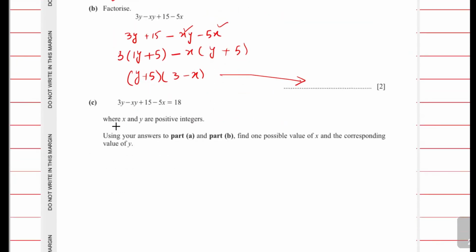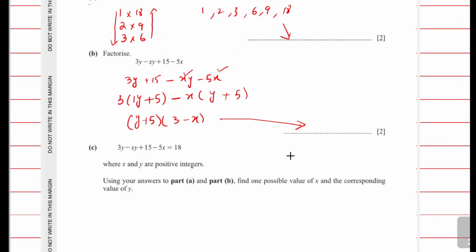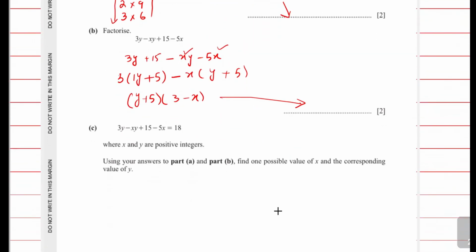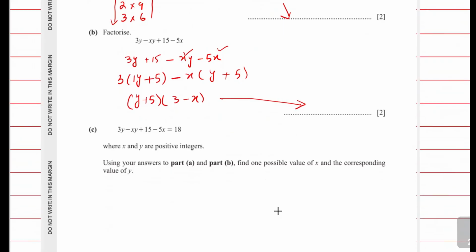And next, where x and y are positive integers, use your answers in part A and part B. Find the value of x and the corresponding value of y. Look here, this is 3y minus xy plus 15 minus 5x equal to 18.